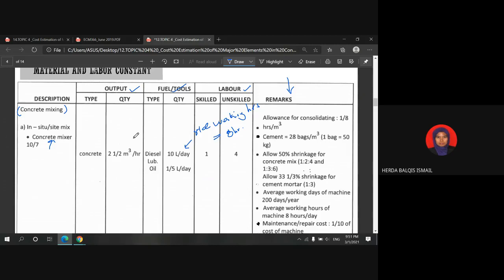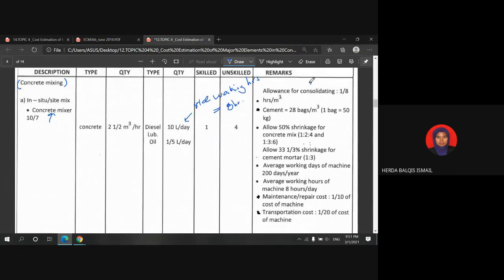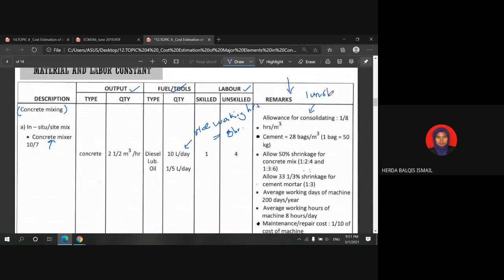The consolidation normally requires one unskilled labor, and the time taken for the workers to consolidate or compact the concrete is 1/8 hours per cubic meter.